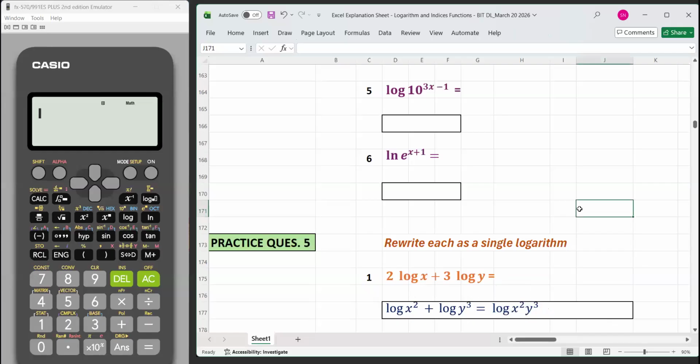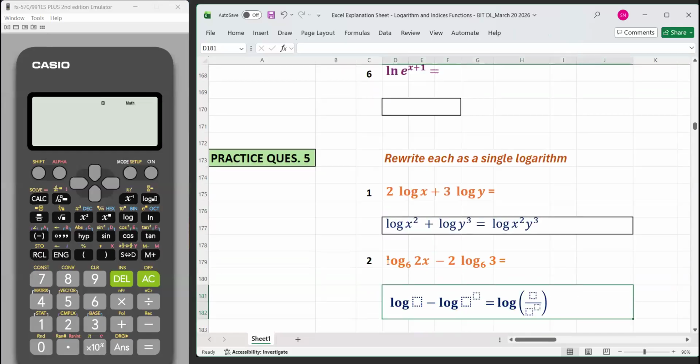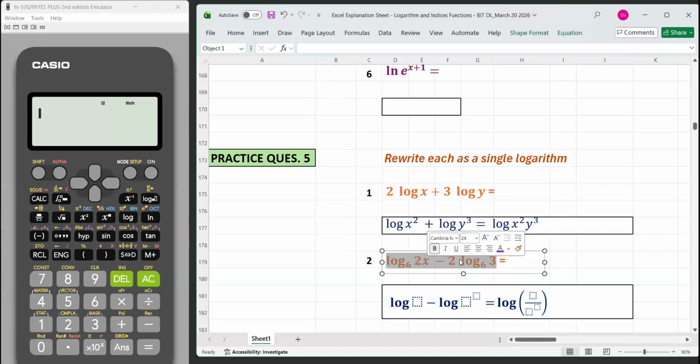Okay, let's try another one so that we build confidence. What will this be equal to? Log 2x base 6 minus 2 log 3 base 6. Now, first of all, concentrate on this one, 2 log 3 base 6. Using the power rule, what would that give us?